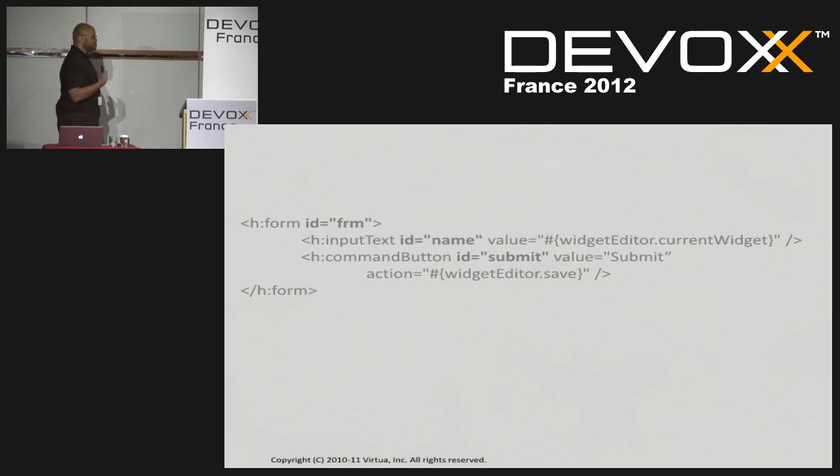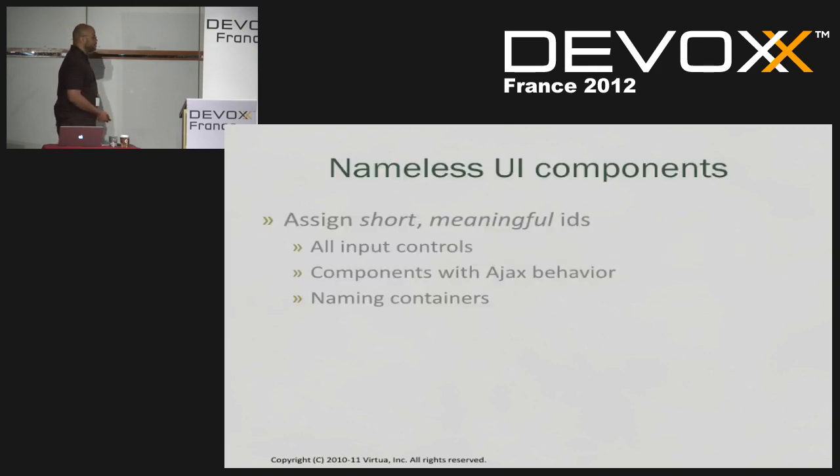So just try and use a meaningful name. Of course, you can use form because that's really what it is, right? But try and keep that in mind. So the idea is to use short, meaningful IDs. Okay. You want to put an ID on every input control, okay? Because an input control is what's actually posted back to the server, right?